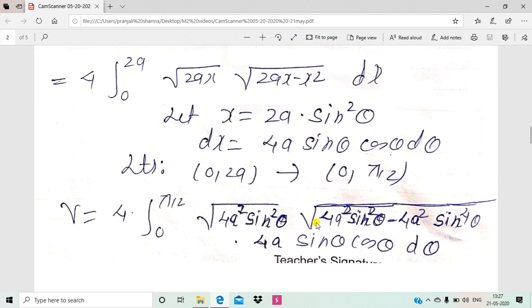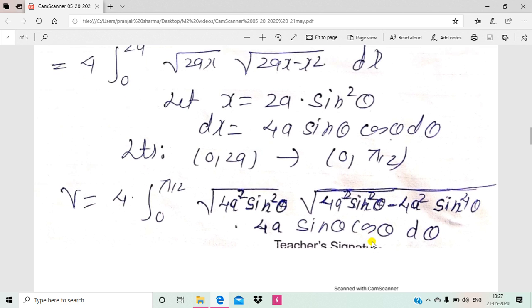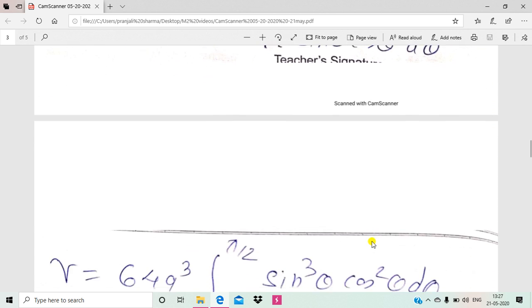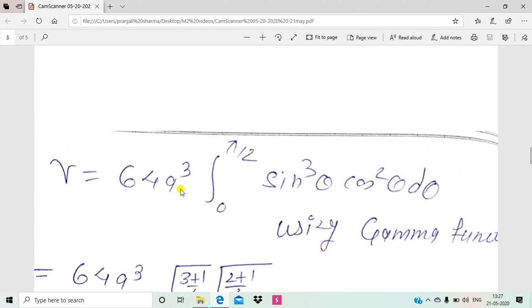So from the square root it will be sine theta, into this sine theta, it will be sine cube theta into cos theta, and from here it will be 1 minus sine square theta, which will be cos square theta. So finally the integration is now 64a cube times the integral between the limits 0 to pi by 2 of sine cube theta cos square theta d theta.